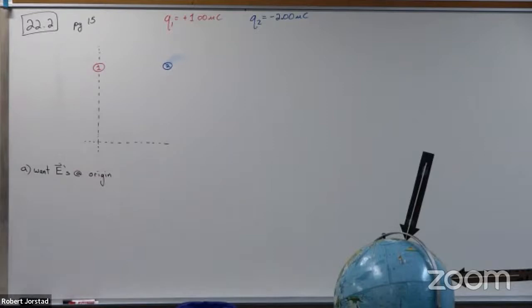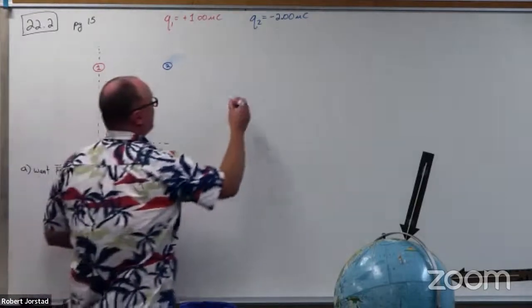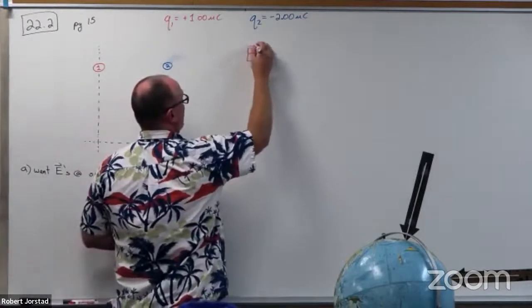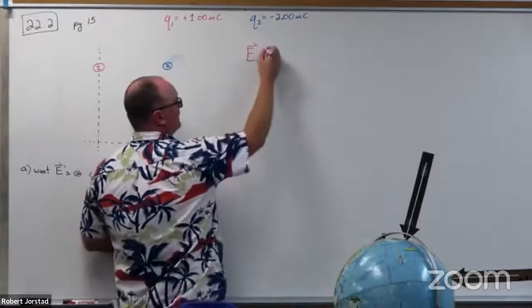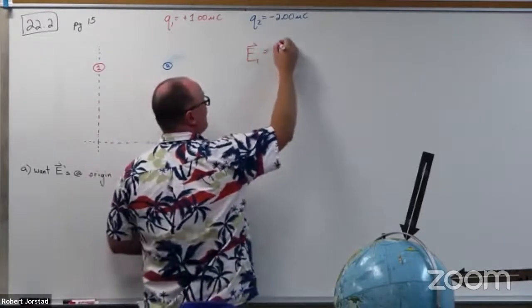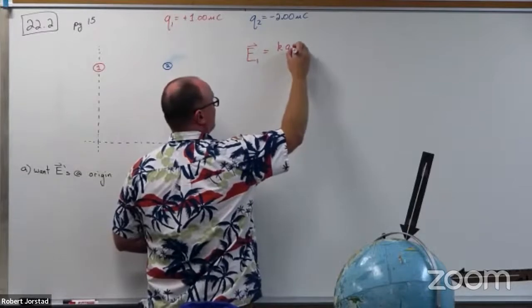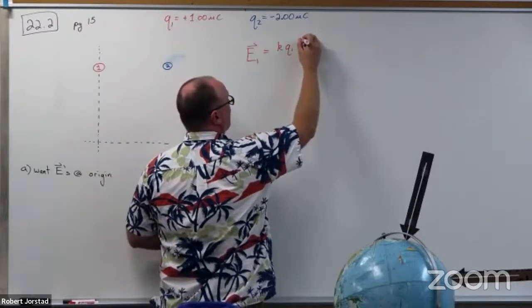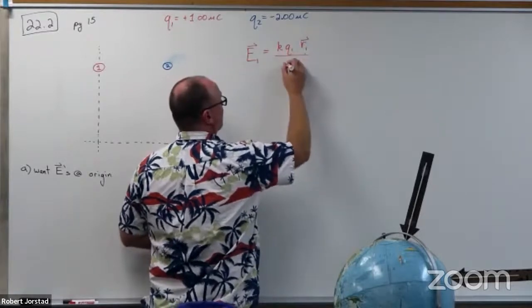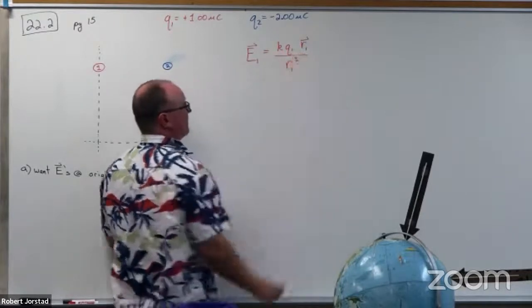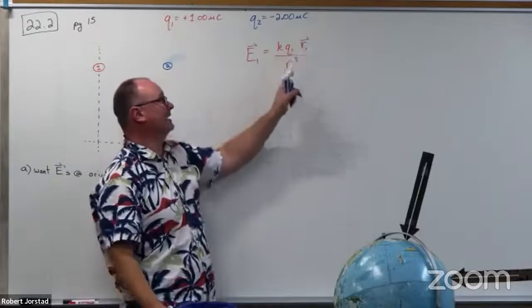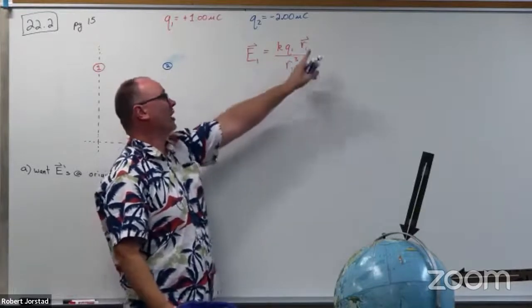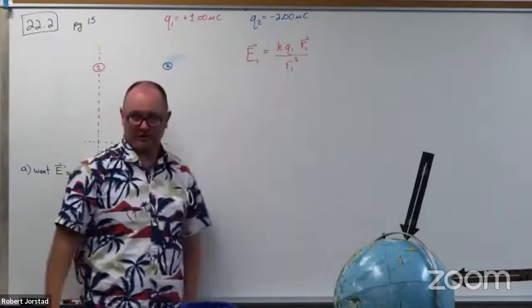So we know the equation for the electric field due to charge 1, or caused by charge 1, is kQ1 R1 vector over R1 cubed. Remember, you could do R1 hat over R1 squared or R1 vector over R1 cubed.